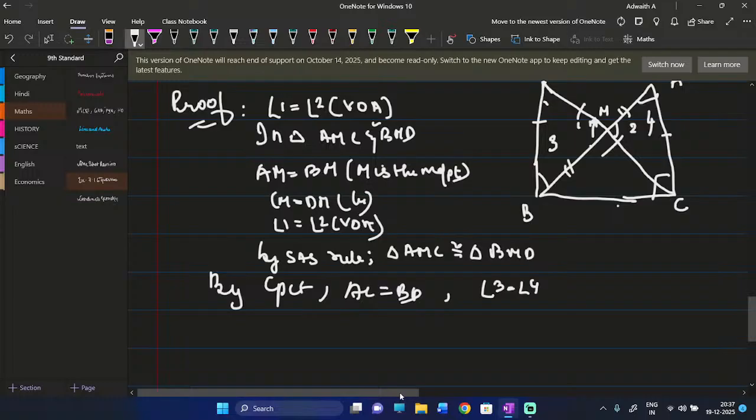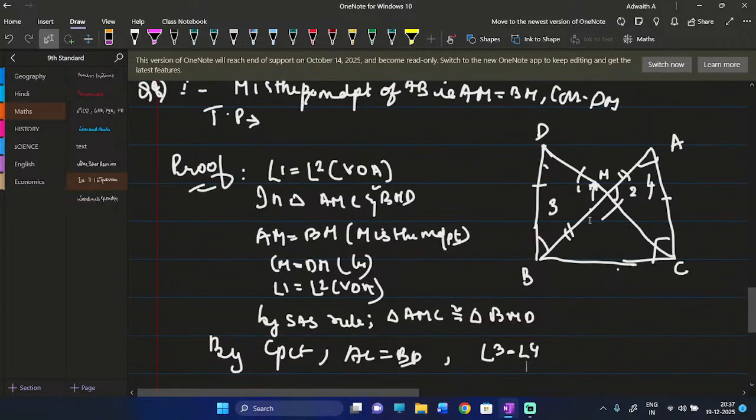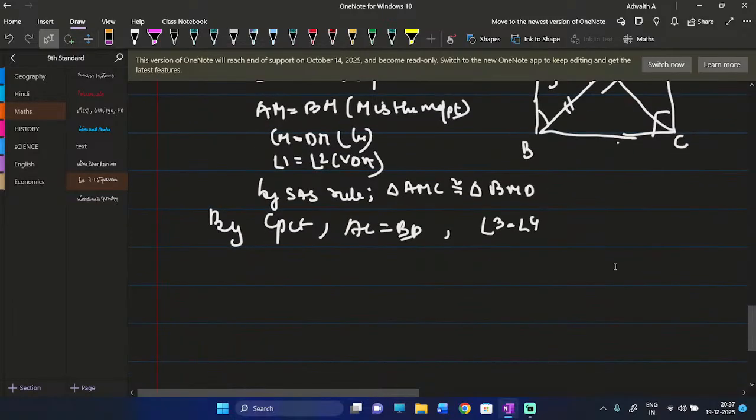Then, these two triangles we proved. Now next, second sub question. We have to prove that DBC is a right angle.